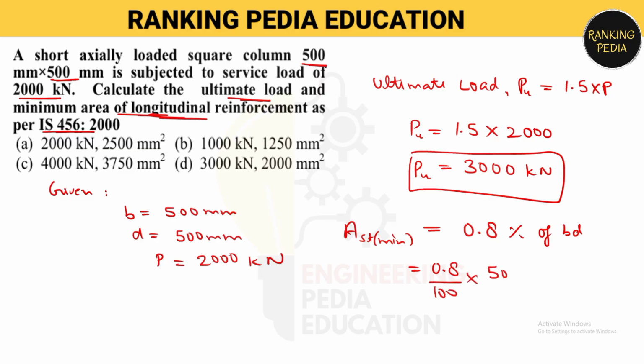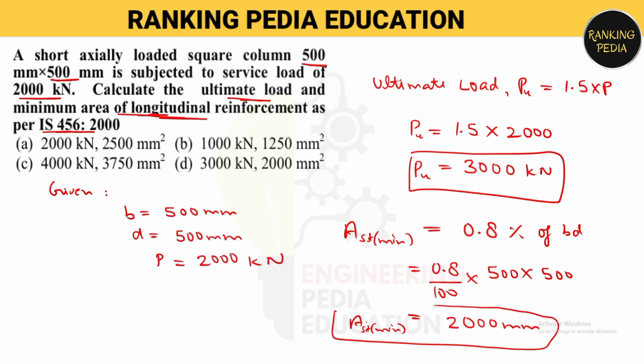B is 500 mm, D is 500 mm. After calculating this, what value you will get? You will get 2000 mm². So minimum area of longitudinal reinforcement is 2000 mm², and your ultimate load value is 3000 kN. So which of the following options is correct? Option number E is correct.